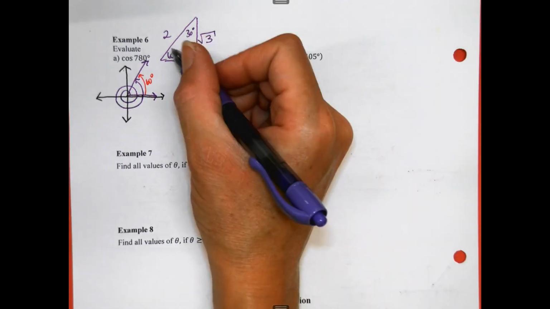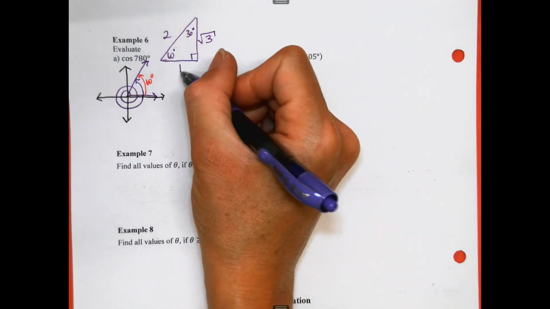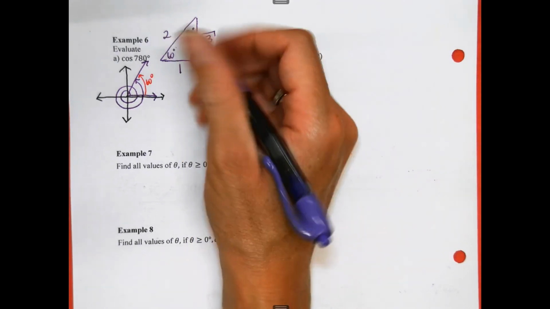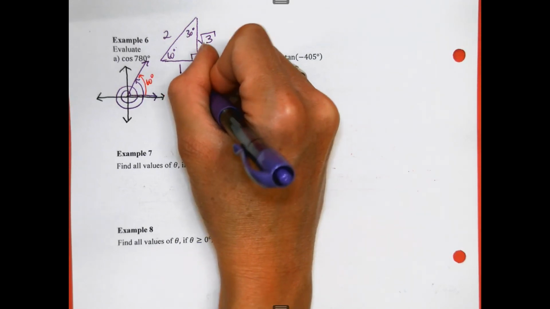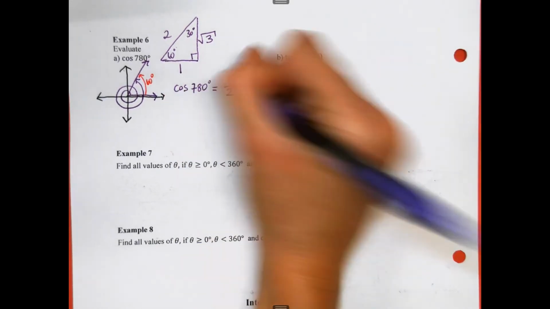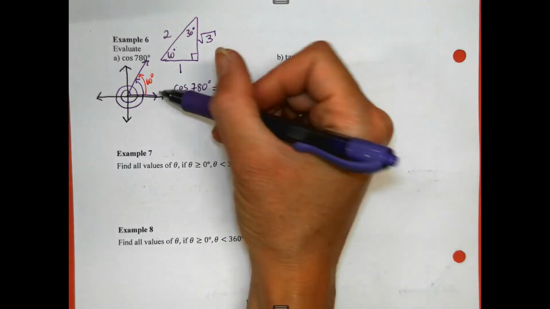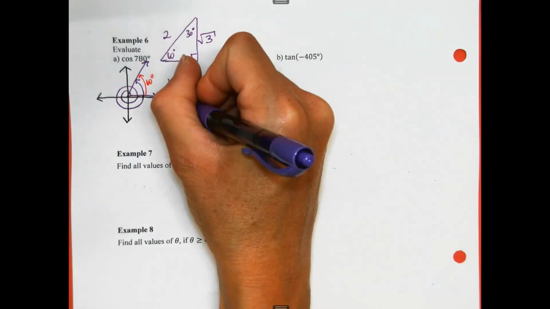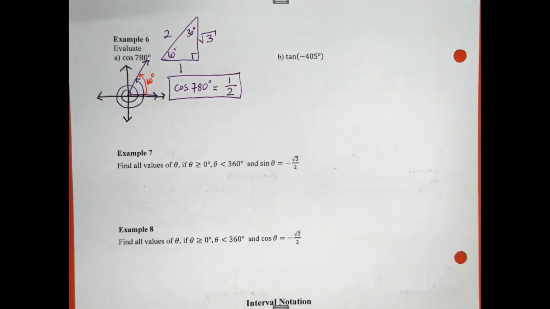And we just need to find the cosine of this 60-degree angle. Well, cosine is adjacent over hypotenuse. So the cosine of 780 degrees is going to be equal to 1/2. And then we have to decide, is it positive or negative? All things are positive in quadrant number 1, therefore cosine of 780 is equivalent to 1/2.